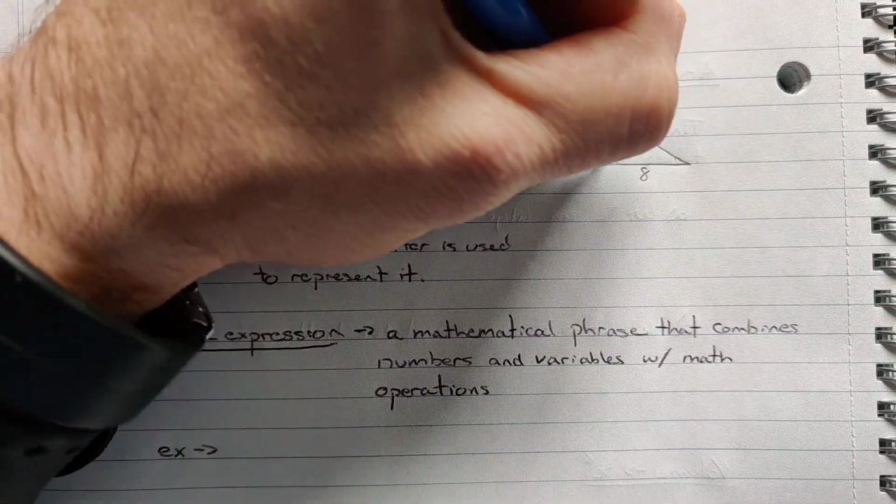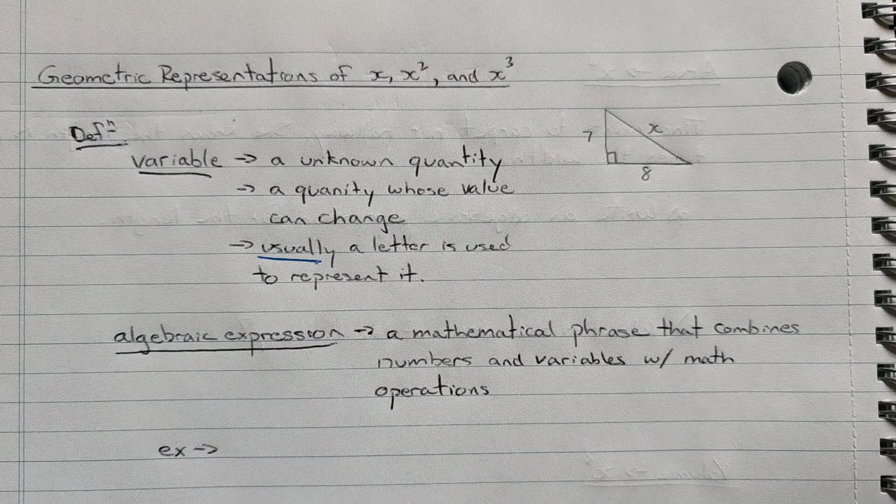Here we have our missing value, our missing hypotenuse. That x, that's our variable. That's our unknown quantity. And then we can go about putting this into the Pythagorean theorem and solving for that unknown quantity. So that's what a variable is in one concept.